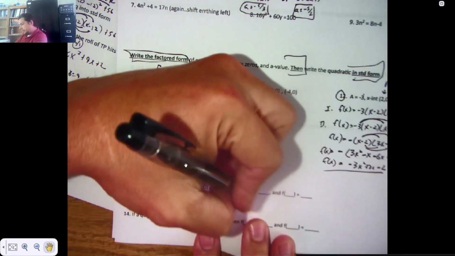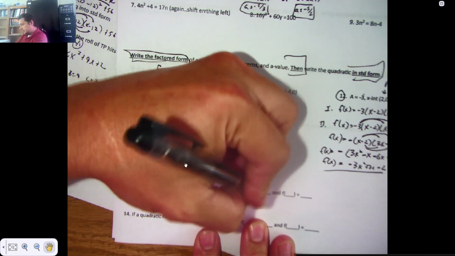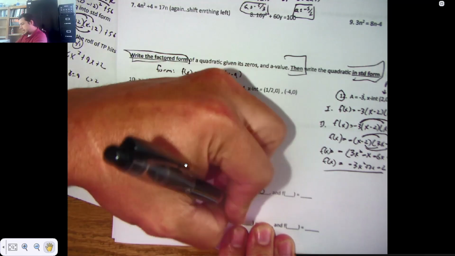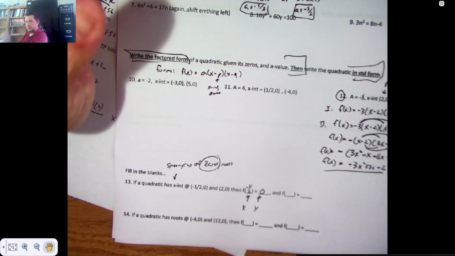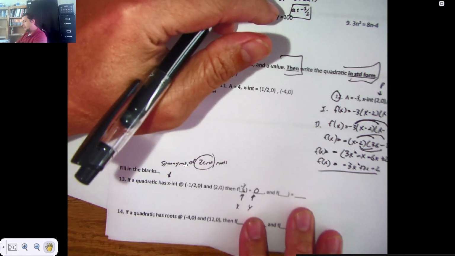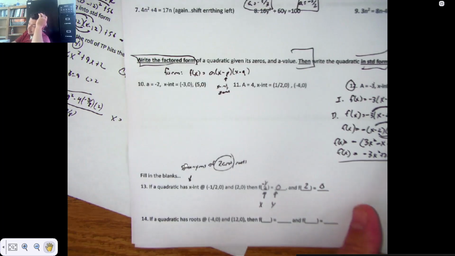If I have an x-intercept of negative 1/2, 0, then f of negative 1/2 must be 0. Remember, this is x, this is y. That's how function notation works. And f of 2 must be 0. If you can't figure out 14 after seeing one example of 13, I cannot help you. Can't do it.